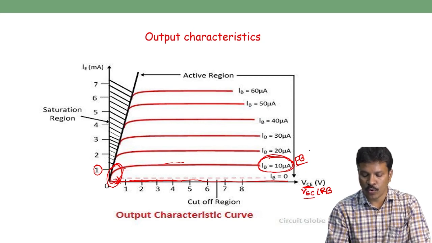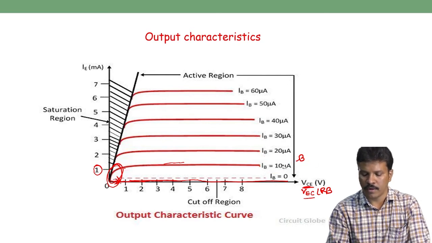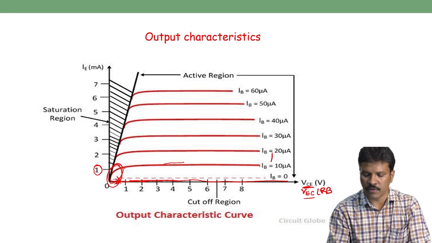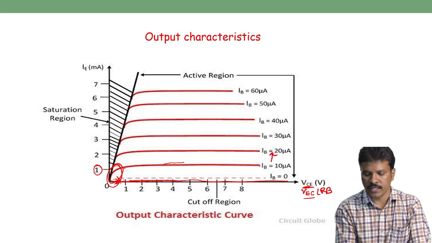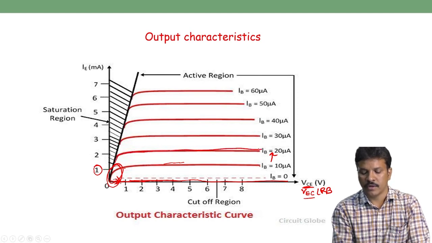Let us move IB from 10 microampere to 20 microampere. If I change from this curve to this curve and increase the emitter to collector voltage, the output current, the emitter current, rises like this.